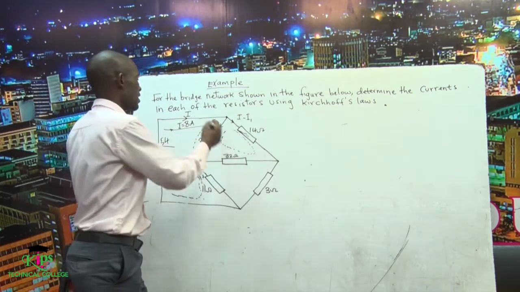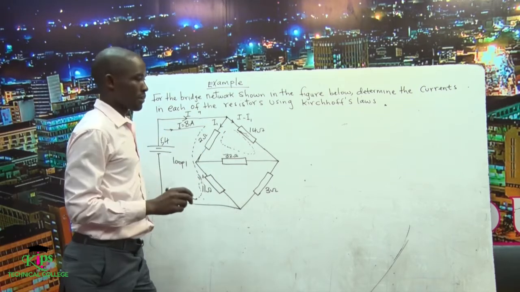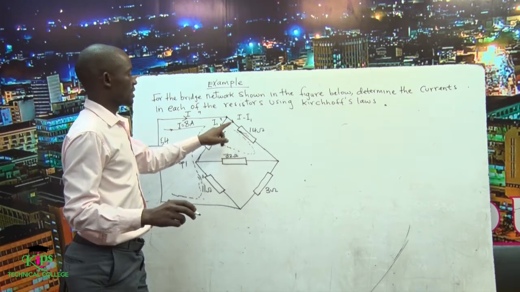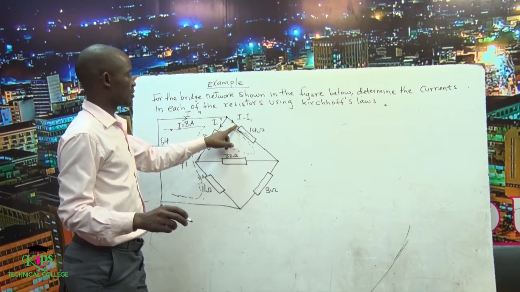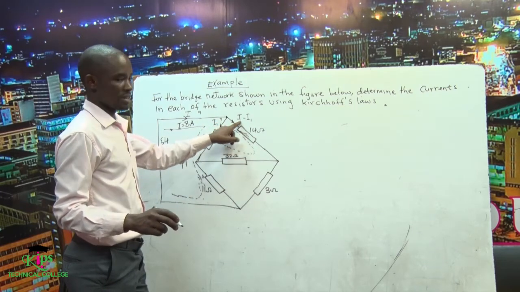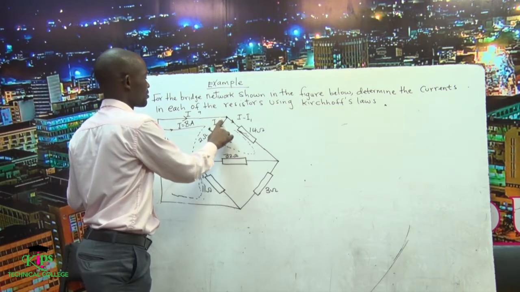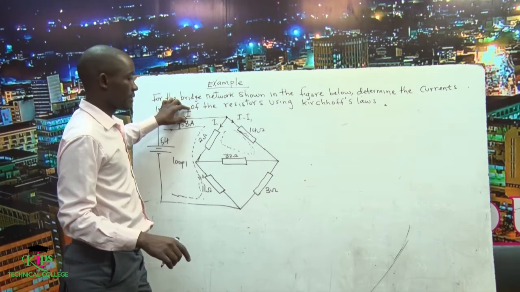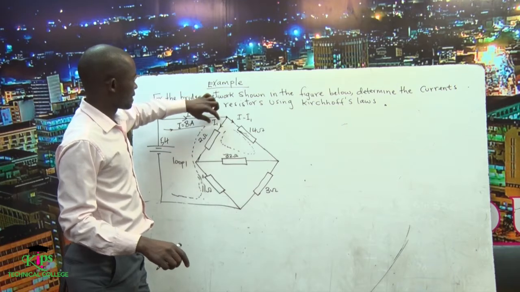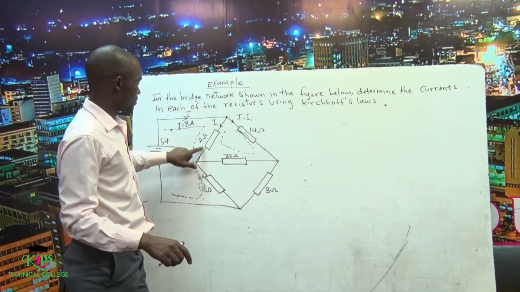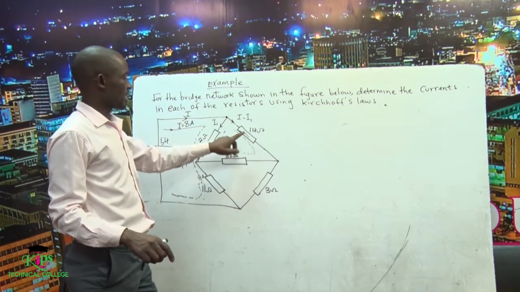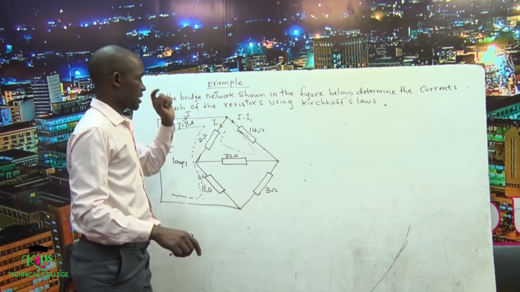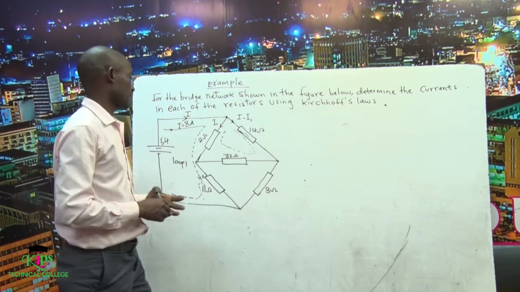Basically, if this was 9 amperes coming, and we let 3 amperes flow through this point, then the current moving through this point will be 9 minus 3, which is 6. That is why we are not going to use numbers, we are using letters. If the total current is I, and we let I1 be the current flowing through this branch, then the current flowing through this other branch will be the total current minus the one that has passed through this junction.